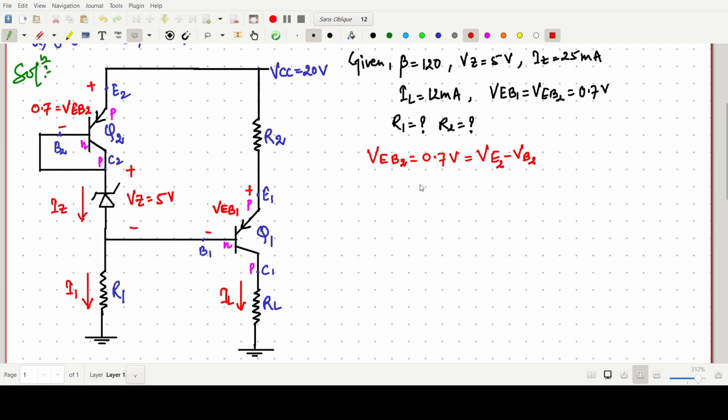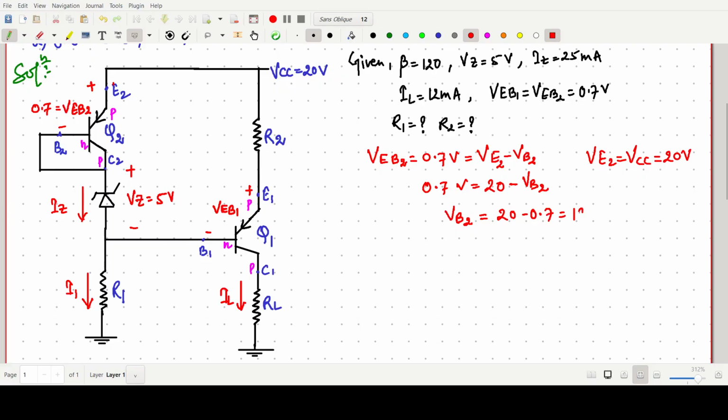So 0.7 volt equals VE2, and VE2 is nothing but simply VCC, that is our 20 volt. And VB2 we don't know, so we can easily find it. VB2 is 20 minus 0.7.